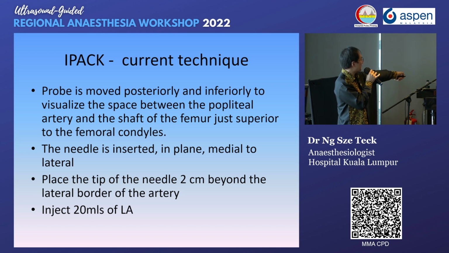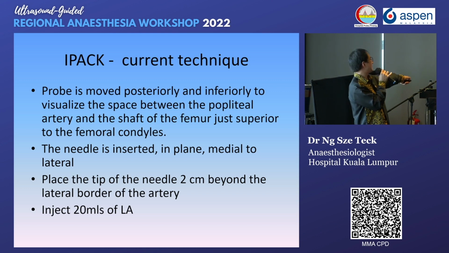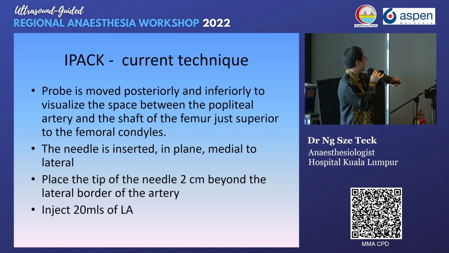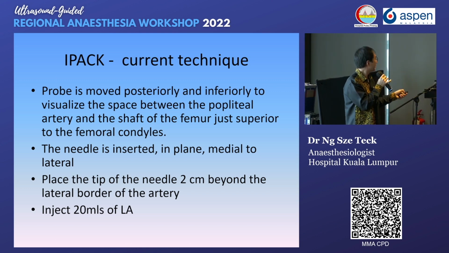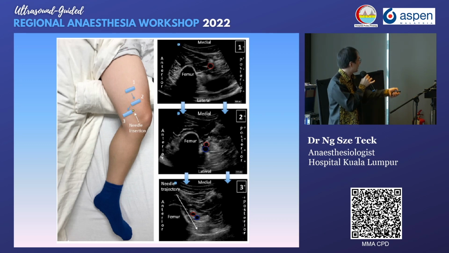So you visualize the space between the popliteal artery and the shaft of the femur. You insert the needle in plane, medial to lateral, same thing. You place the tip of the needle 2 cm beyond the lateral border of the artery and inject 20 cc of LA. So this is the technique that they are using now. You use a curvilinear probe, place it on the medial aspect of the thigh, and visualize the femur.